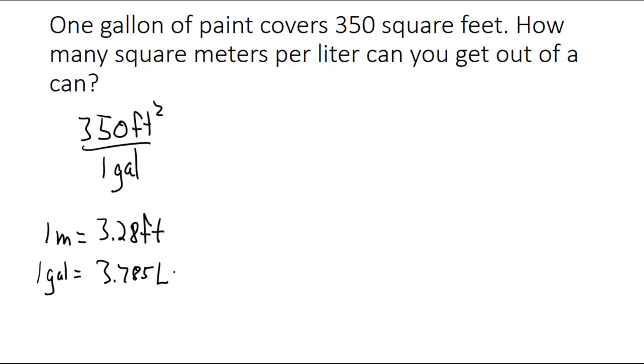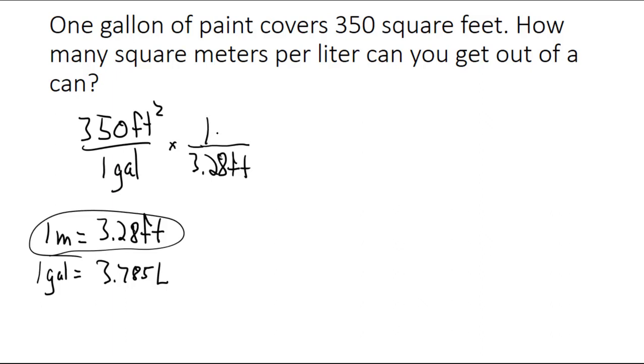Now I look at my initial expression there, 350 feet squared over 1 gallon, and when I multiply by a conversion factor involving these two things, I need to have the feet on the bottom. And so I'll put the 3.28 feet down there, and I'll put 1 meter on top. But by itself that won't work because I've got feet squared on top and just feet on the bottom.